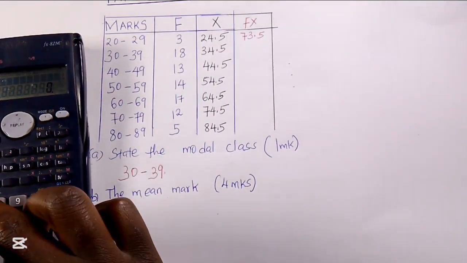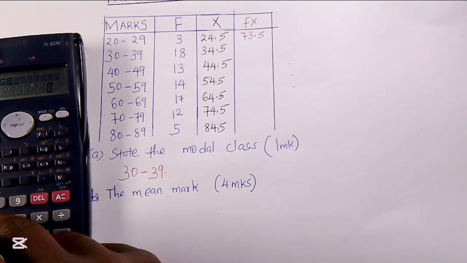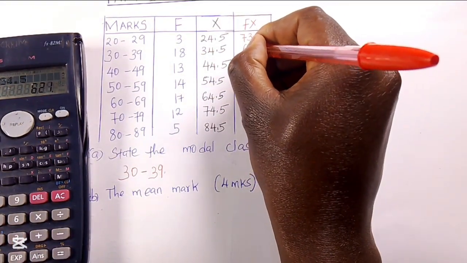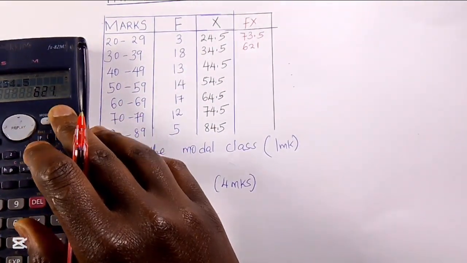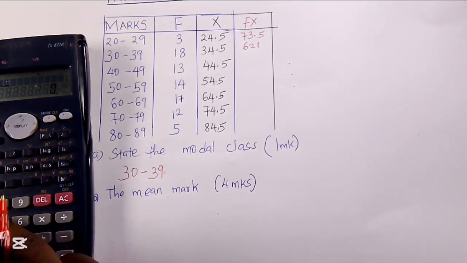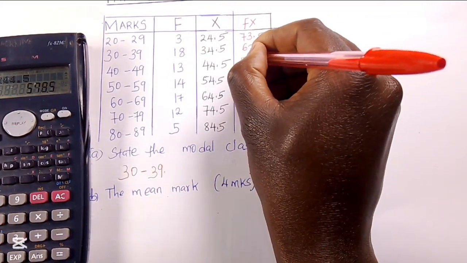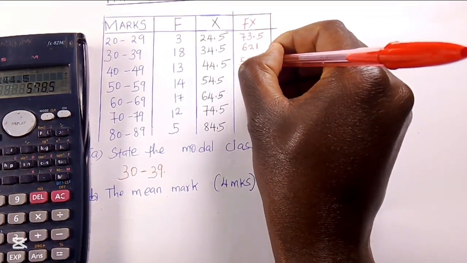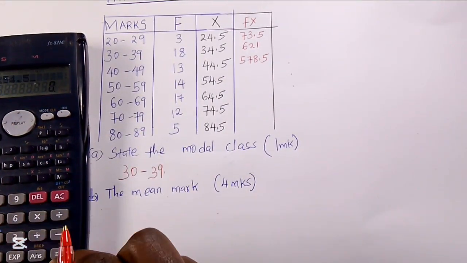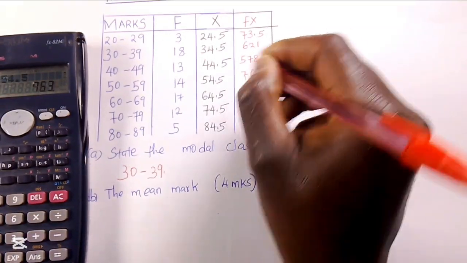Then we'll have 18 times 34.5, that will be equal to 621. The third one will be 13 times 44.5, that will be equal to 578.5. Then we have 14 times 54.5, that is equivalent to 763.